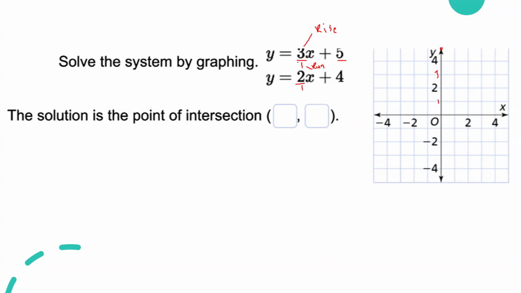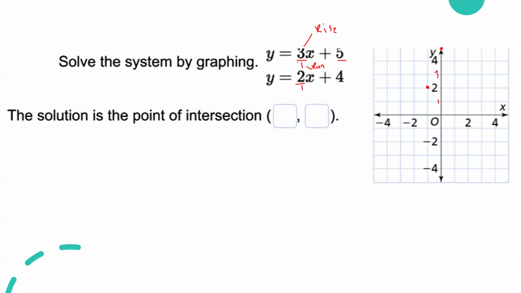So I'm going to go down 3 units on the y. It's going to be 1, 2, 3. And then I'm going to run 1 unit to the left. So my first point is right here. Remember, here we have a positive 3 over positive 1.